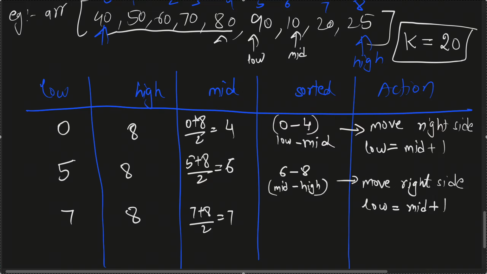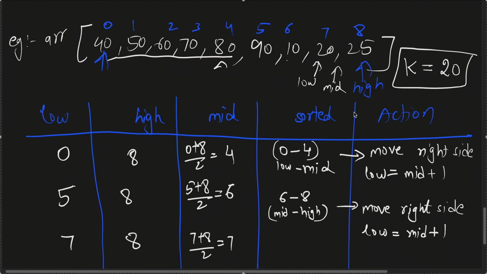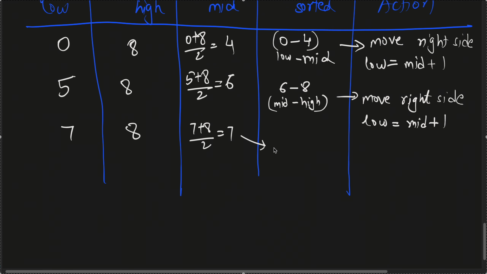Now again we have to change our mid pointer as well as low pointer. Low is here as well as mid is also here. Now we can see that the value that we want to search, k equal to 20, is exactly equal to the mid. So we don't need to check for sorting, because array of mid is equal to k.